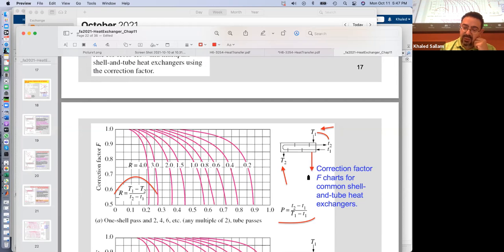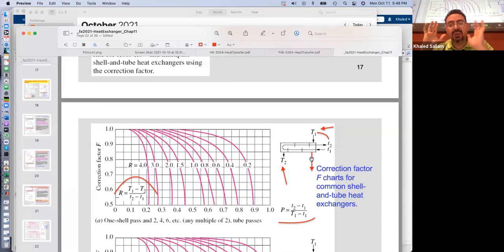If this was T2, that would be better because it would be as if counterflow, right? You get in while this guy is leaving. You hit your hottest point at the inlet of the hot with the hottest point of the cold. So you're doing counterflow.